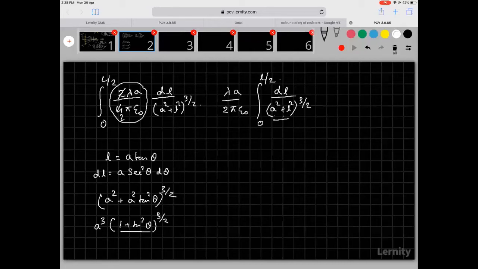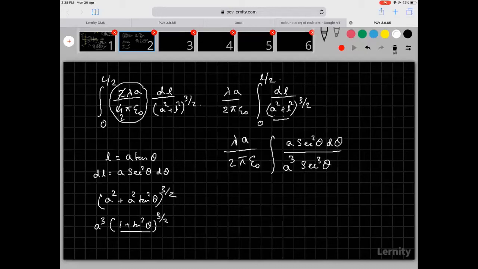So now I can write this as lambda a by 2 pi epsilon naught integral of dl, which is a secant squared theta d theta, divided by, in the denominator, a cubed secant cube theta. Do you understand?